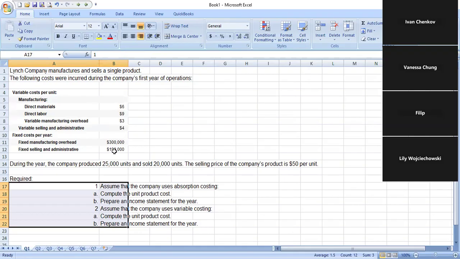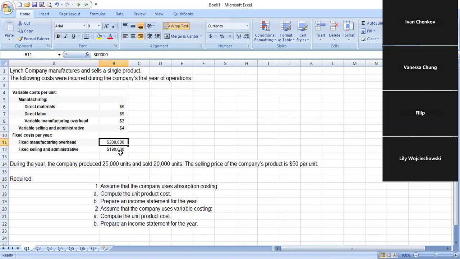When we see the fixed cost in total, the next thing I want you to think is for what production level this cost is applicable. So $300,000 is the fixed cost, but what's the level of production?